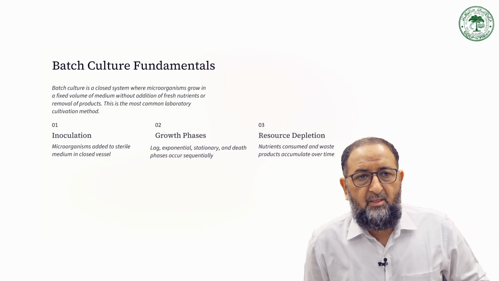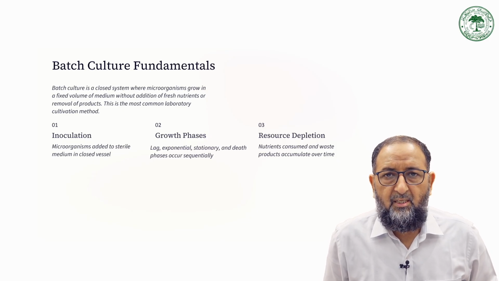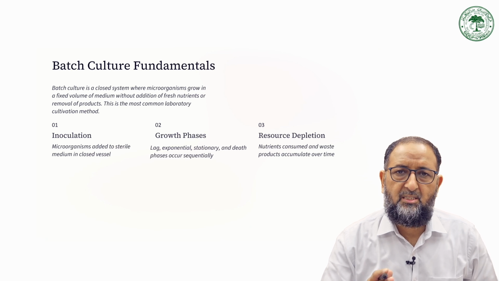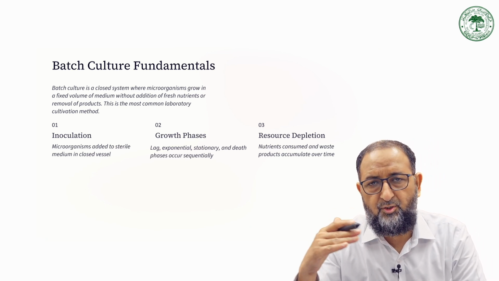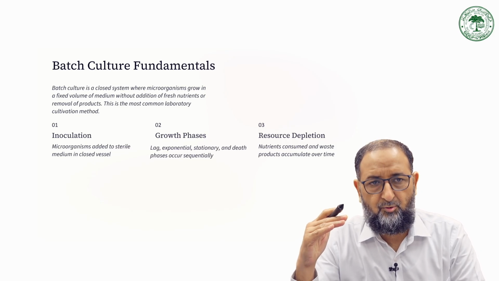Now, if you talk about the batch culture, there's a difference between continuous culture and batch culture. Batch culture is where you inoculate and it reaches a certain point of time and then the growth is exhausted.